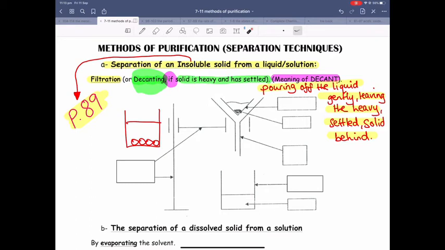But what about substances that do not fully settle to the bottom? For example, a lot of students make mistakes on this one, where the question asks, how would you separate sand from water? Instead of saying filtration, like they've been told to in class, and like I'm telling you again here, some students will say decanting.